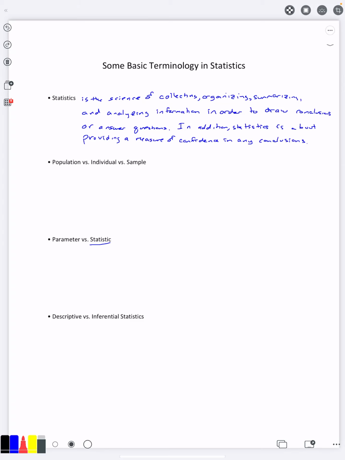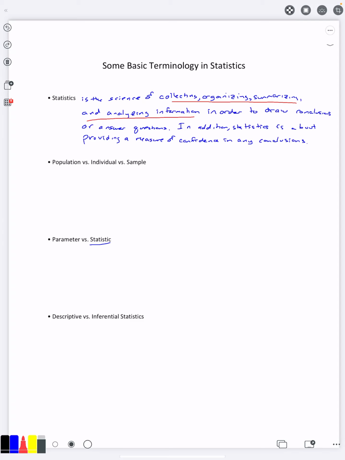Now, we can break it down further here. You see, we have collecting, organizing, summarizing, and analyzing information. So all of that is going out in the world, getting data in some fashion, and we're going to have multiple videos talking about how we might do that. Then taking that data, we try to make it in some sort of organized fashion.